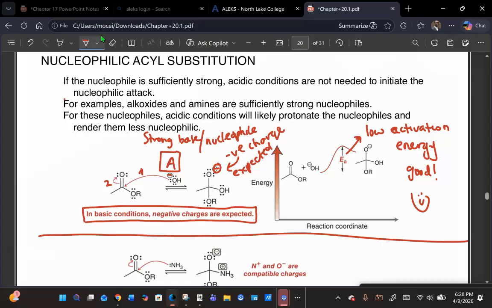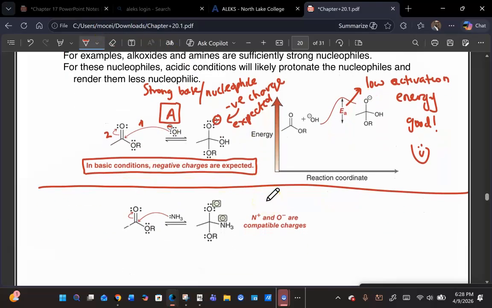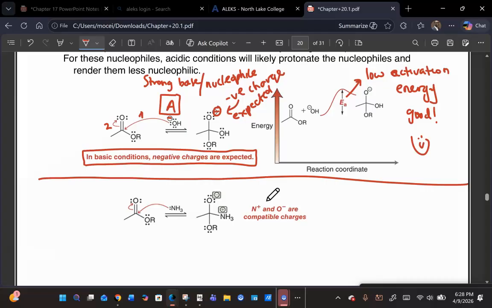In acidic condition, positive charges are expected, negative charges are not expected. So this is only when you have a strong nucleophile. Correct. So I know I messed up if I have a strong nucleophile and a positive charge. Now, when you have a weak base, expect to have both negative and positive.